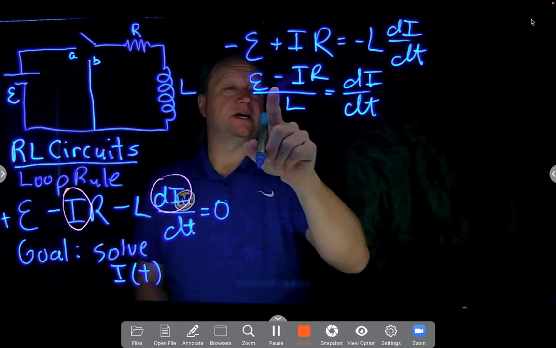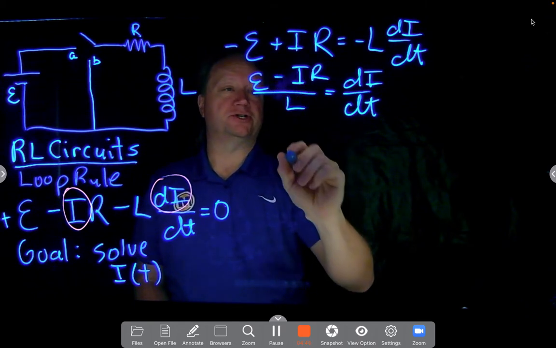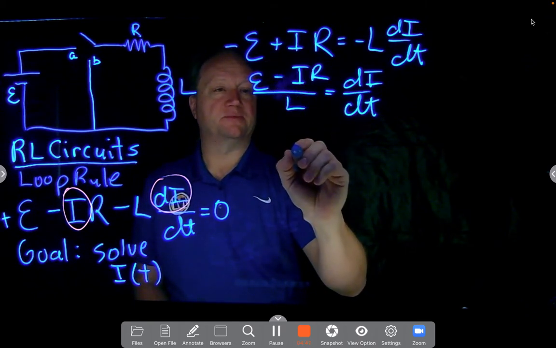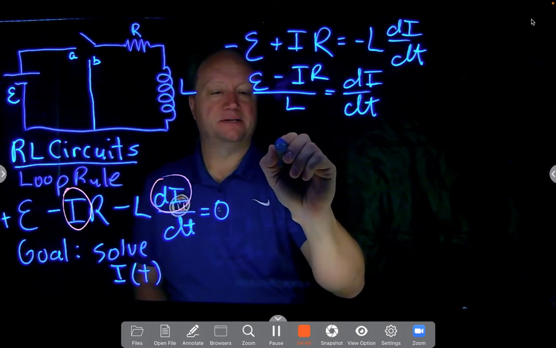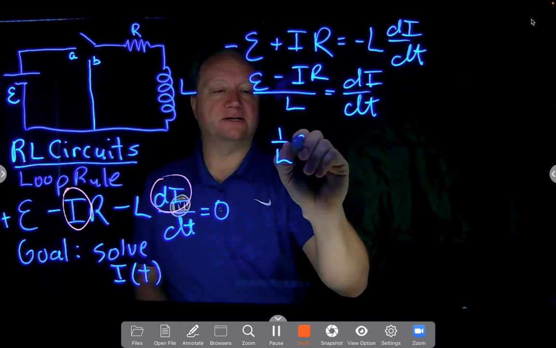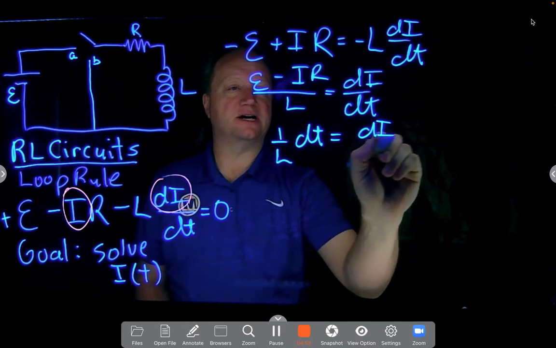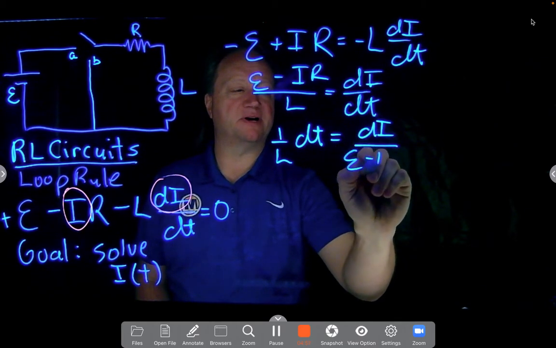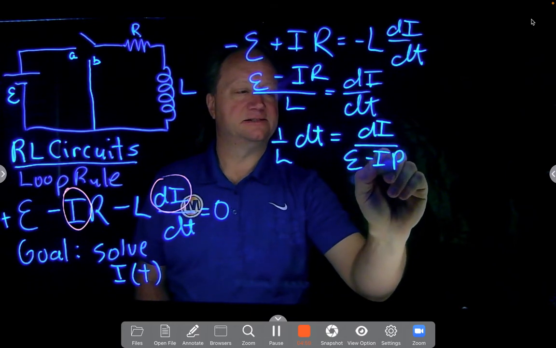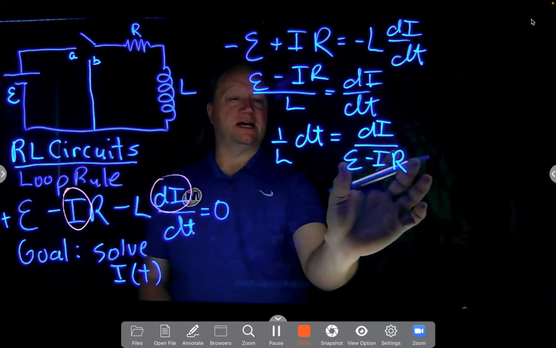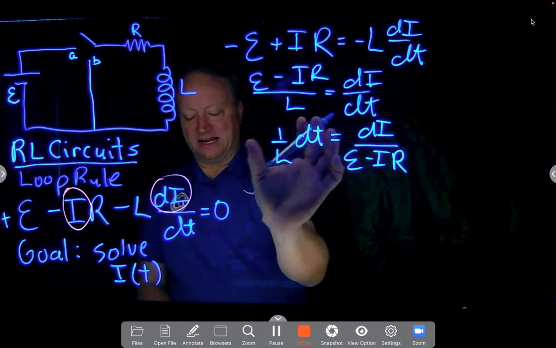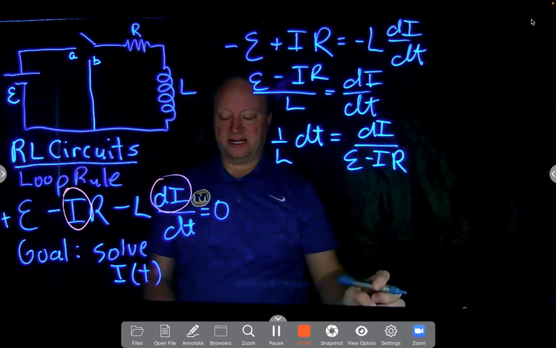Now I can get all the I terms, so I'm going to partially cross multiply there. So I'm going to throw the dt up. So I've got 1 over L dt is equal to di over EMF minus IR. Now I've got the I terms on one side and everything else on the other side.